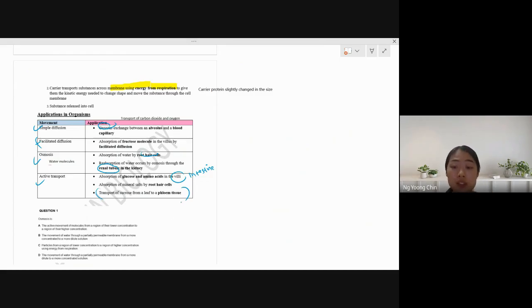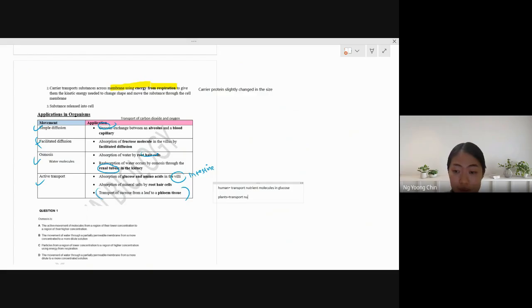So in human, we transport our nutrients in the form of glucose. Then how about in plant? In plant, they transport their nutrients not as glucose but as sucrose.